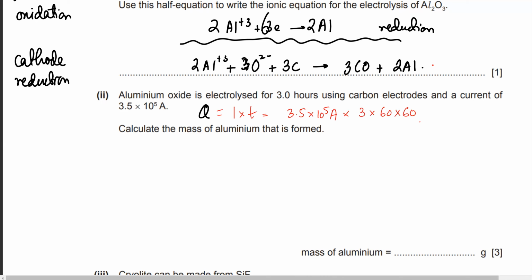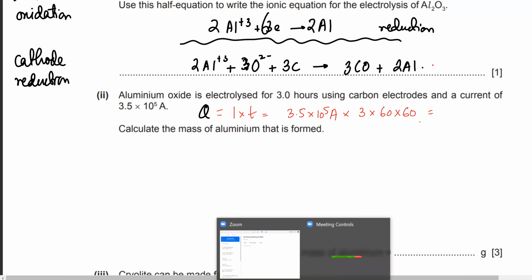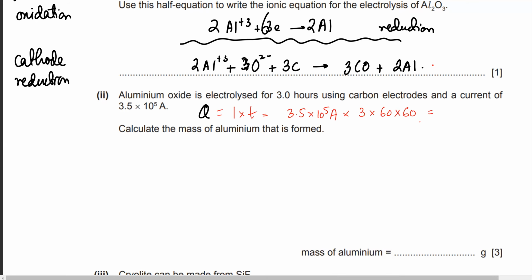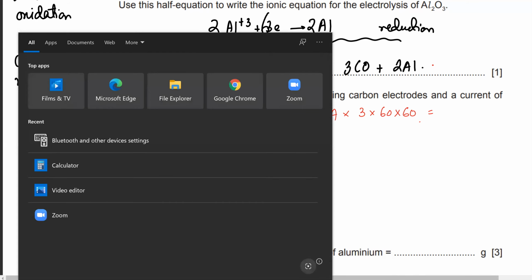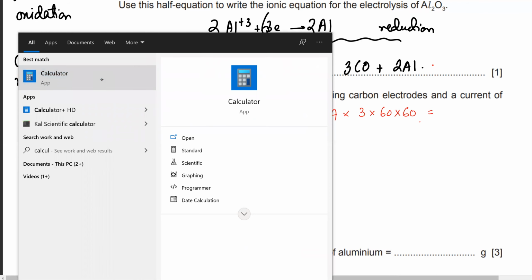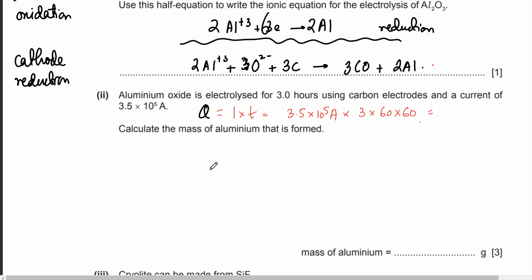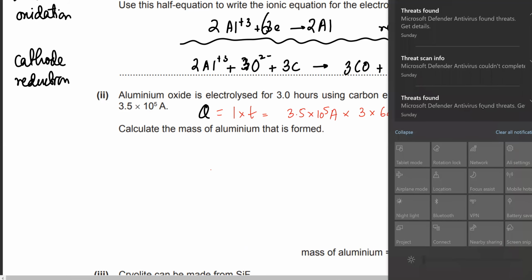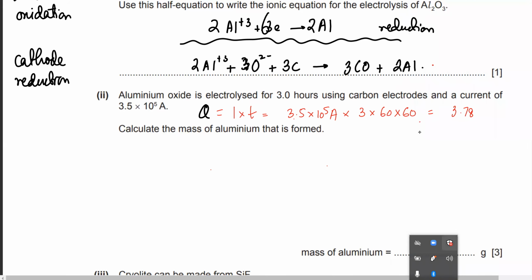Can anyone quickly do this and tell me what the answer is? It's 3.78 times 10 to the power 9 coulombs.